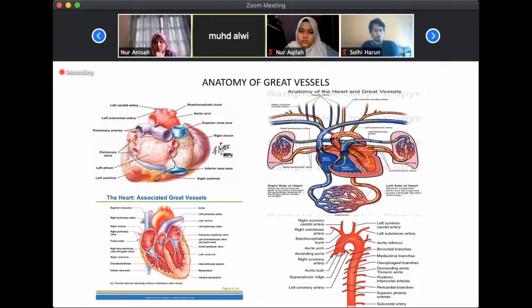What happens is, when there's obstruction of the flow of blood, the blood will accumulate in the lung, because the pulmonary vein drains the blood from the lung to the heart.